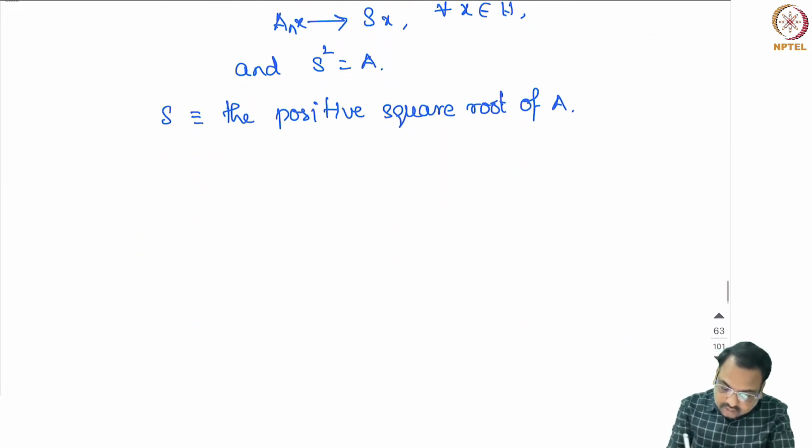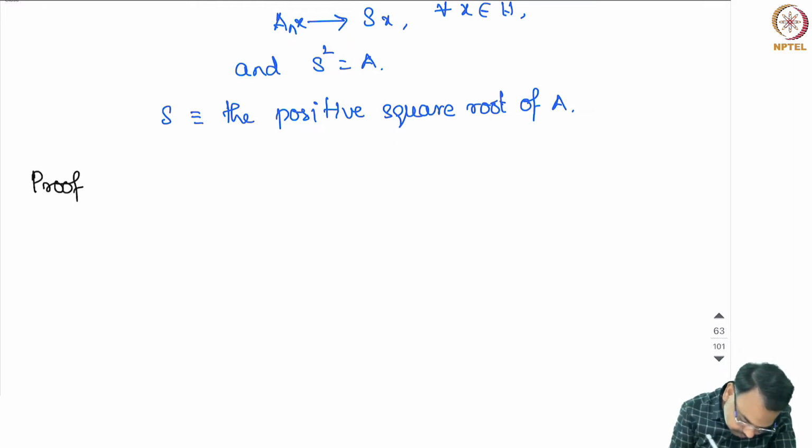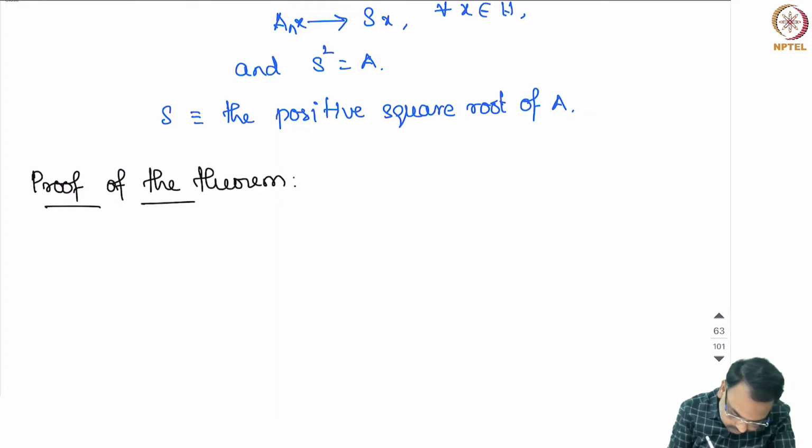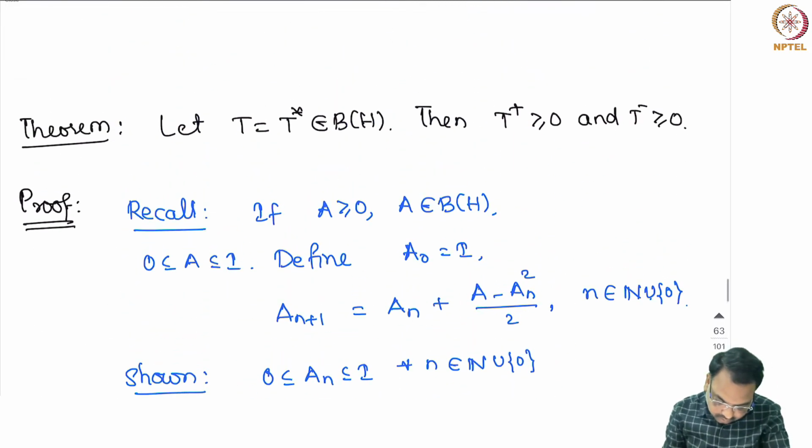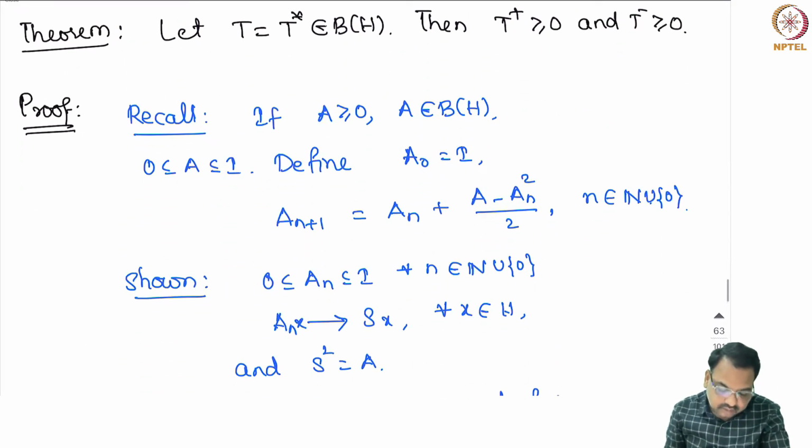Okay, so let us look at the proof of the result. So we know that when T is self-adjoint, T square is positive.